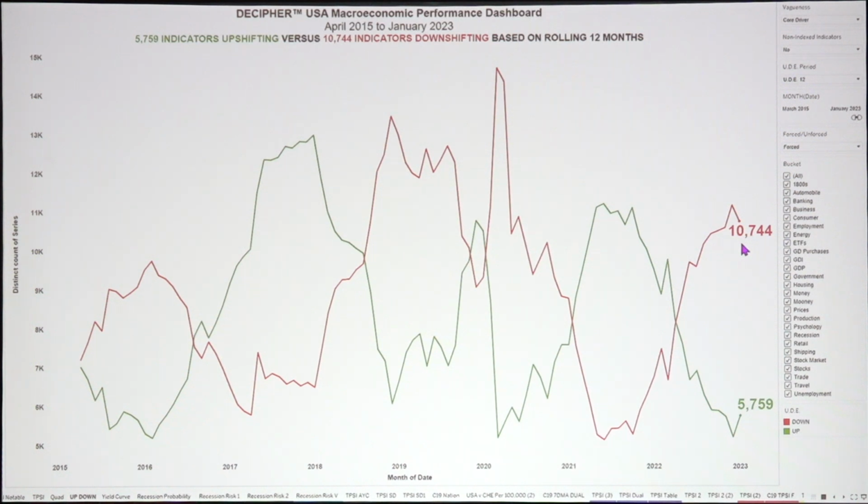There are 10,744 as of this month that have shown weak downshifting trends, where there are only 5,759 that have shown positive growth. So is this a warning for cataclysmic economic behavior? No, but it's something in which you should say, let's tread cautiously.